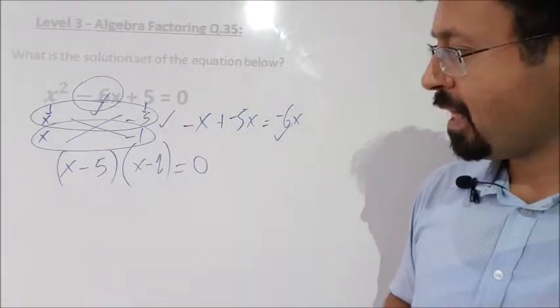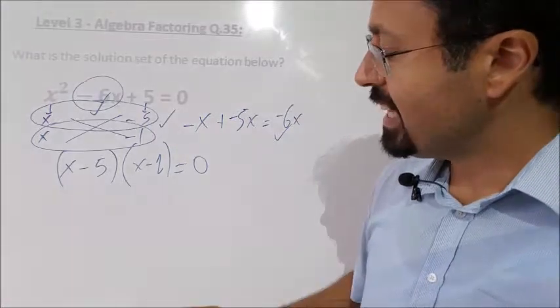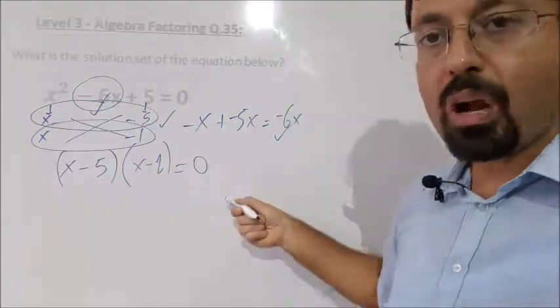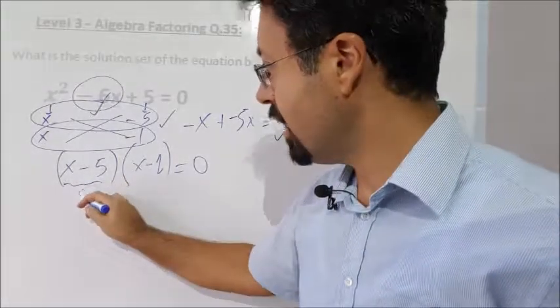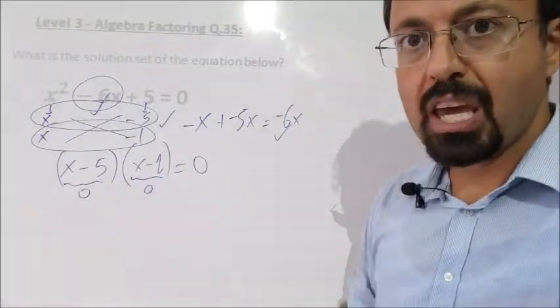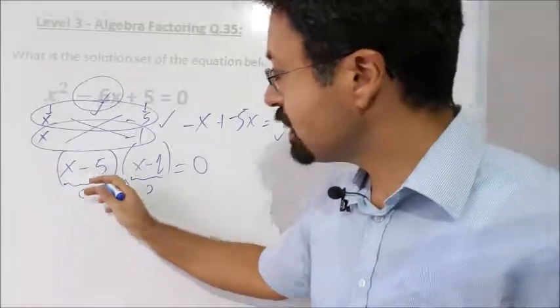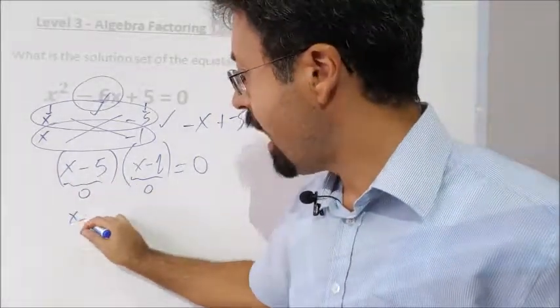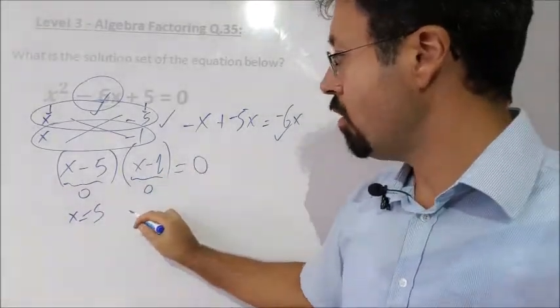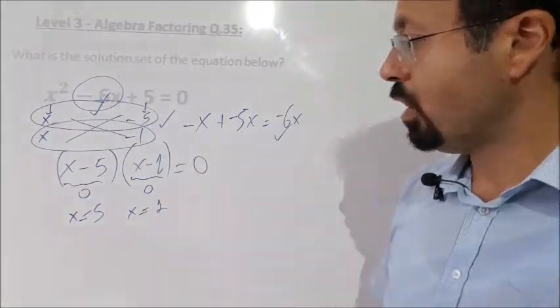From here, you can see that either x minus 5 is 0 or x minus 1 is 0. Either this one is 0 or that one is 0. We don't know. It can be either case. So if x minus 5 is 0, x is 5. If x minus 1 is 0, x is 1, right?